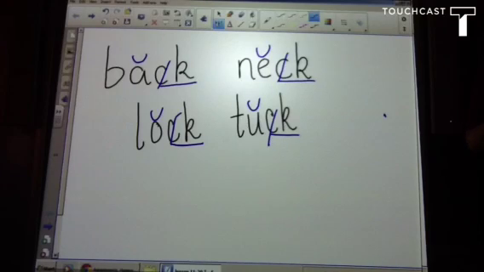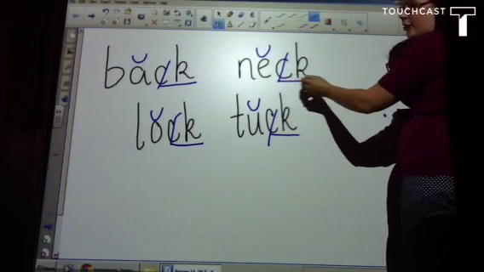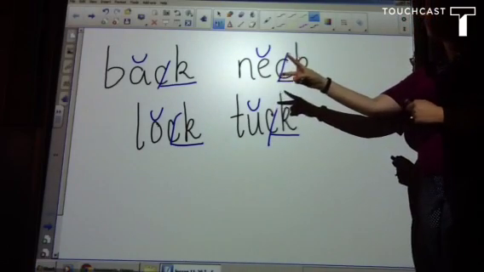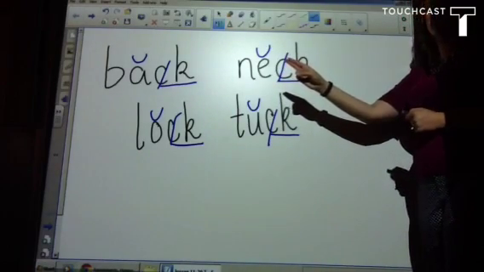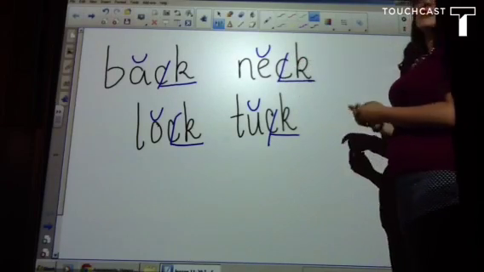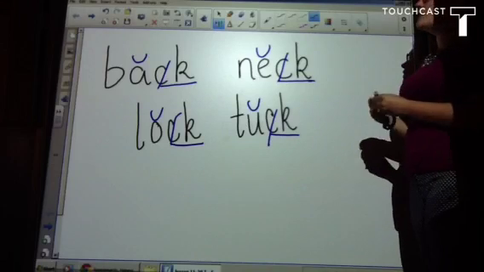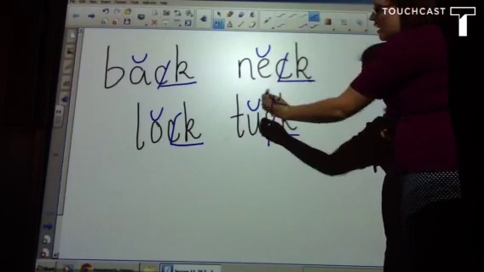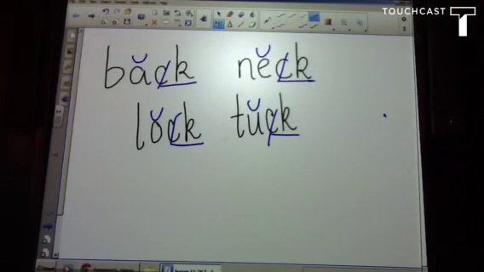No, it doesn't make two sounds. Okay. This is a digraph. Digraph. Two letters that come together to make one sound. That's right. We don't need the C. The C is silent. Okay. When we come across silent letters, we cross them out. So we remember not to read them.